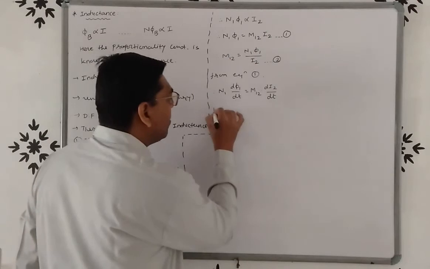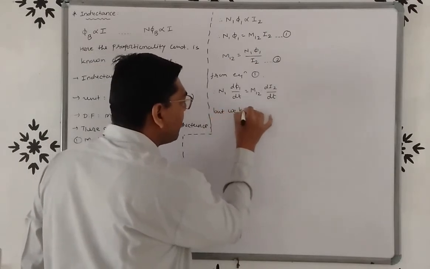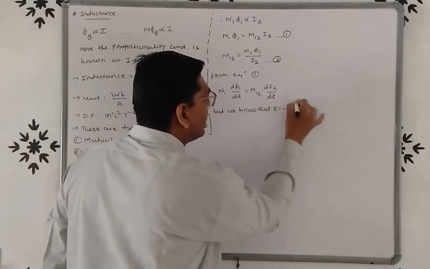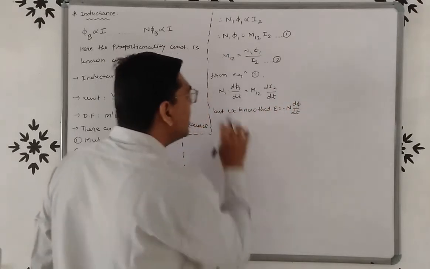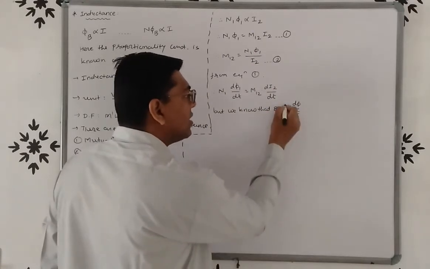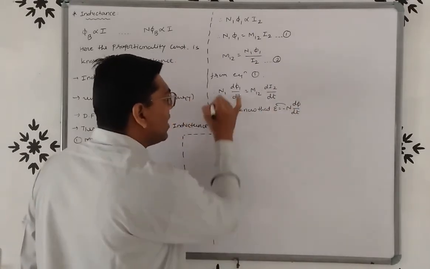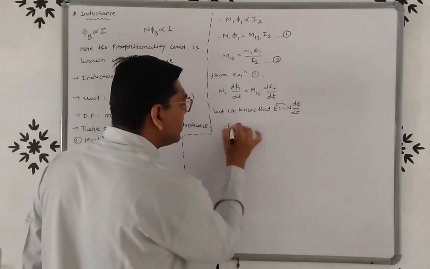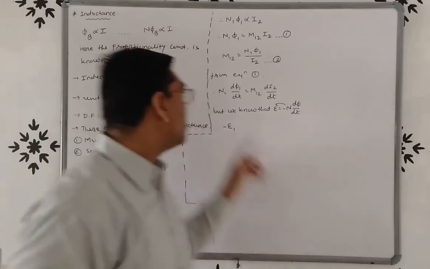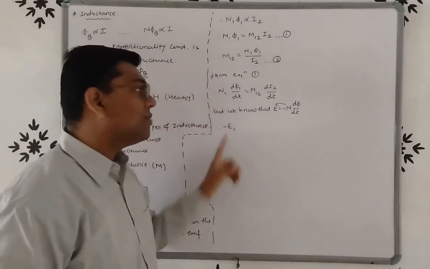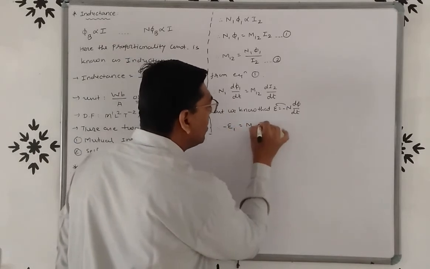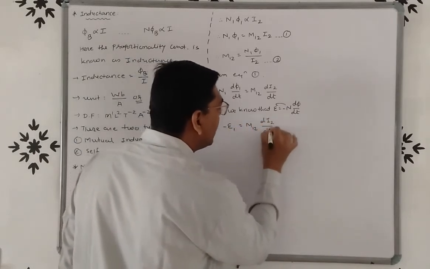But we know that EMF is equal to minus N d phi by dt. So N1 d phi 1 by dt is minus E, and since we are discussing coil 1, N1 d phi 1 by dt is minus E1, which is equal to M12 di2 by dt.